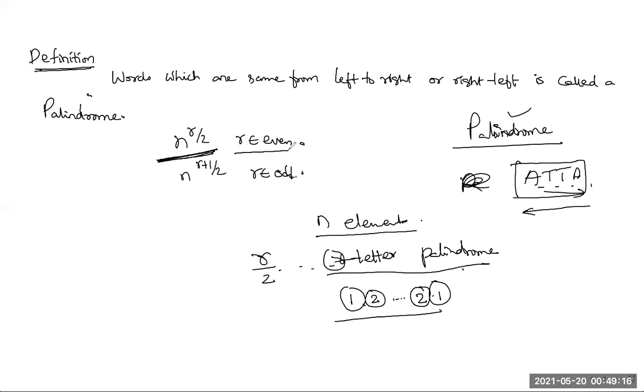When r is even, it's n power r by 2. When r is odd, it's r plus 1 by 2. Because if you consider odd palindromes like ROBOR, okay, it's not an actual word, but let's just consider it for the explanation. In this, you need to choose 1, 2, 3. Three terms you need to choose, because here the B is not repeating, as it has an odd number of elements.